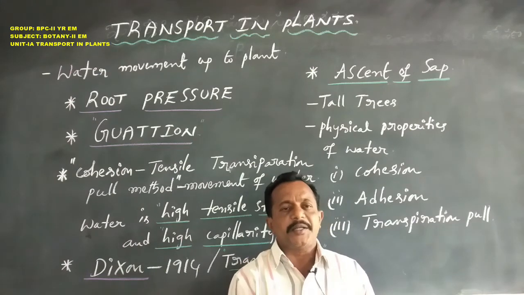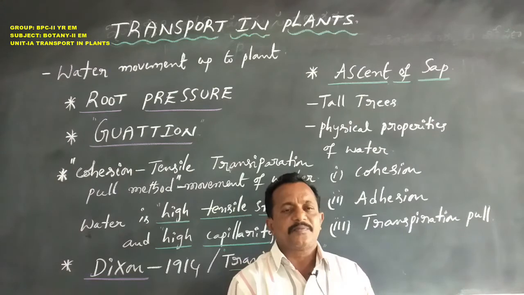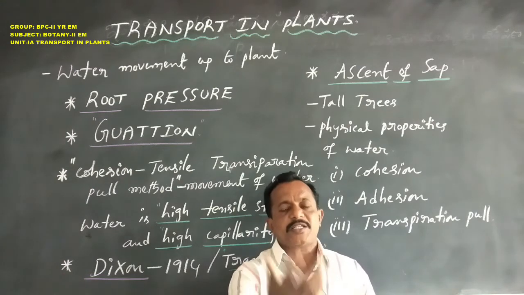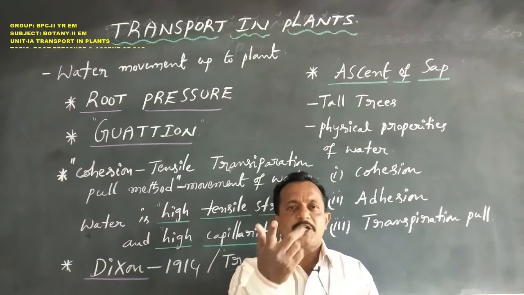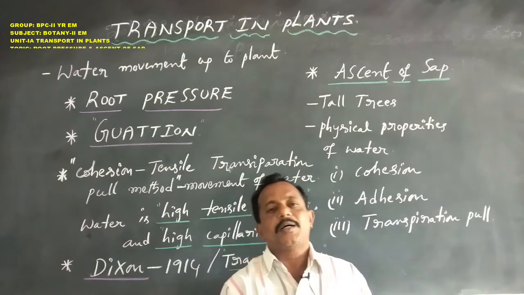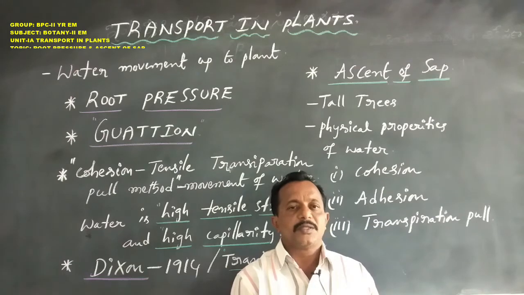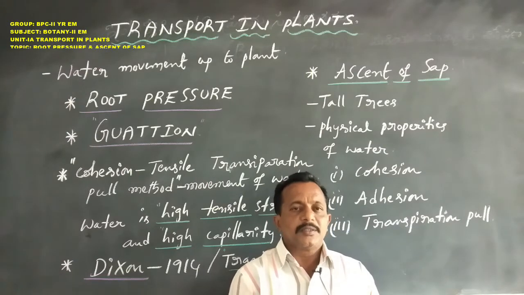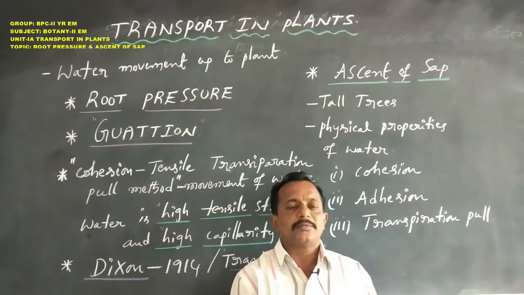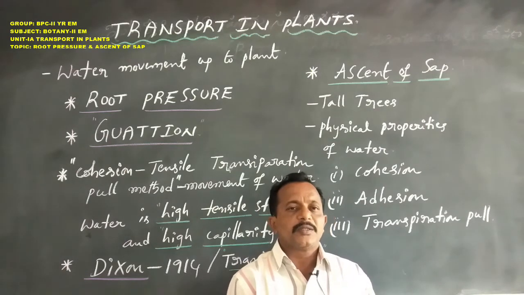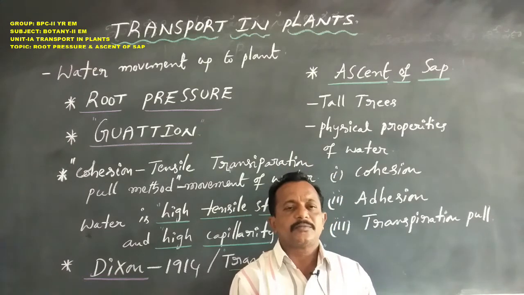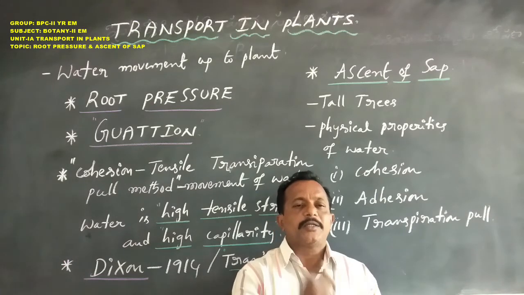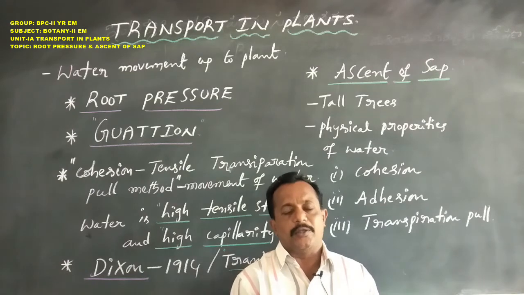But for some of the larger plants, that is gymnospermic plants, especially Sequoia sempervirens, the water does not easily reach the top by root pressure. So many researchers and scholars observed that the movement of water upward through the xylem in tall trees is by transpiration pull.